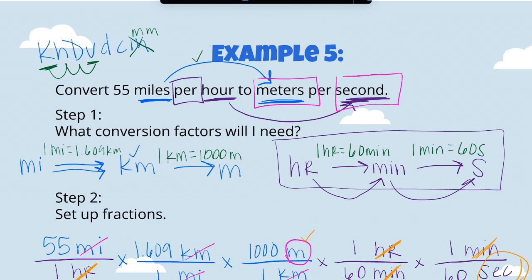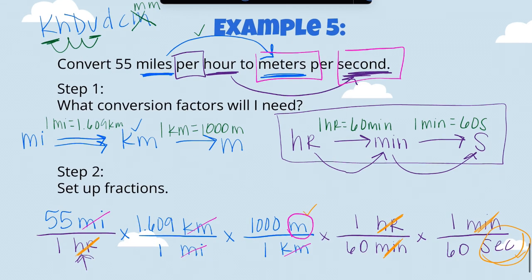Now, to plug this into my calculator, I'm going to do 55 times 1.609 times 1,000. At that point, I like to hit equals, and then divided by 60 equals, and divided by 60 equals. You could also multiply everything across the top, multiply everything across the bottom, come up with a fraction and divide that way, but I just like the equals.